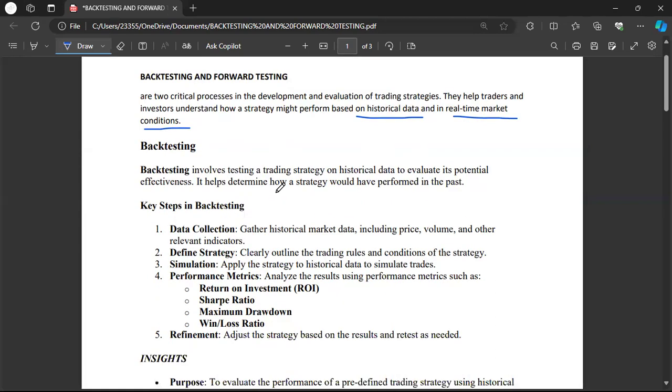Now let's look at backtesting. Backtesting involves testing a trading strategy on historical data to evaluate its potential effectiveness. It helps determine how a strategy would have performed in the past. So whatever testing you do on the strategy that you have is on historical data.